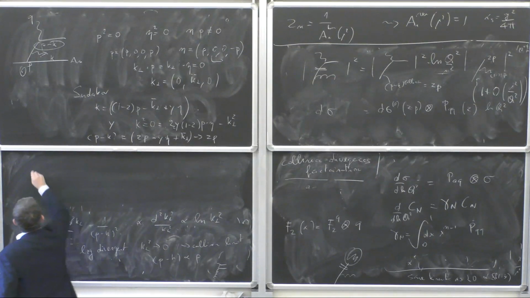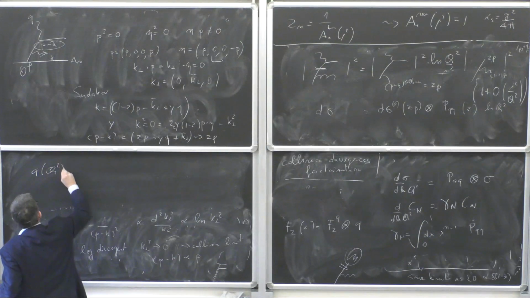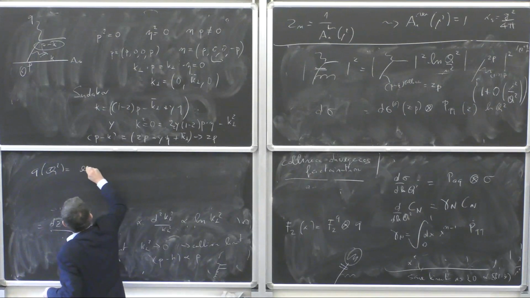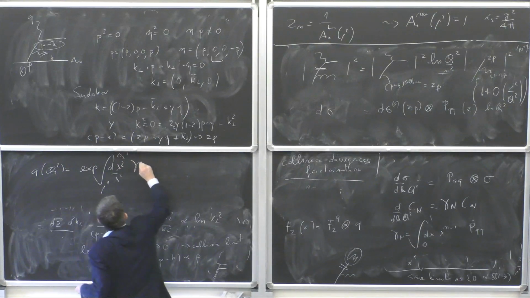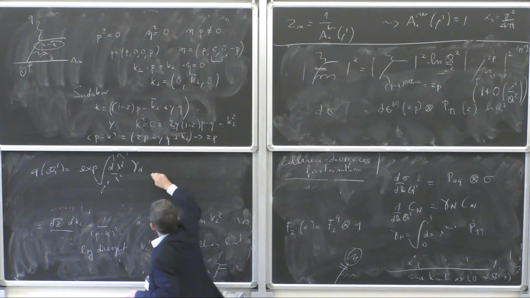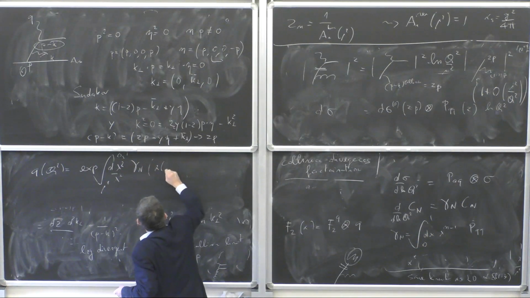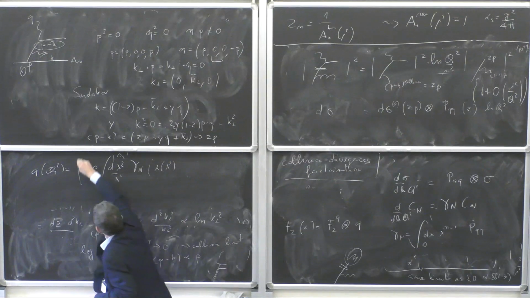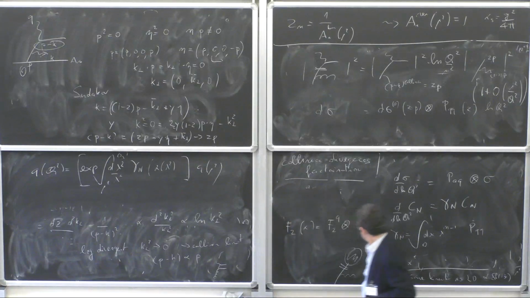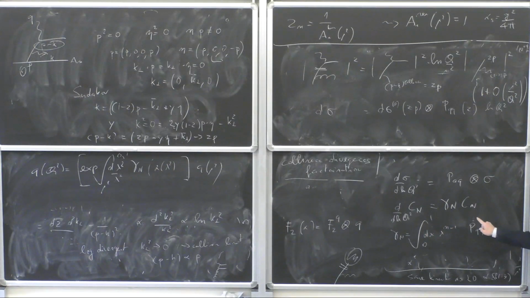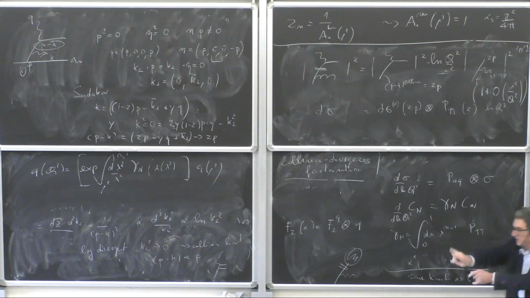So when I write my q of Q squared like I did before, like exponential of an integral d lambda squared over lambda squared from mu squared to Q squared of gamma_n of alpha of lambda squared times q of mu squared, this was the solution to this equation reshuffled in terms of parton distribution.